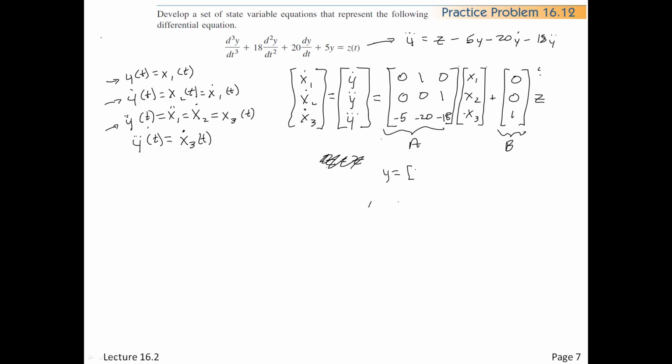That's going to be our 1, 0, 0 times x1, x2, x3, and the D term is 0. So that is the state variable representation of a differential equation of multiple orders. In essence, this is another way of solving that basic math problem, irrespective of whether the system is electrical, mechanical, civil, or whatever. And there we have it.